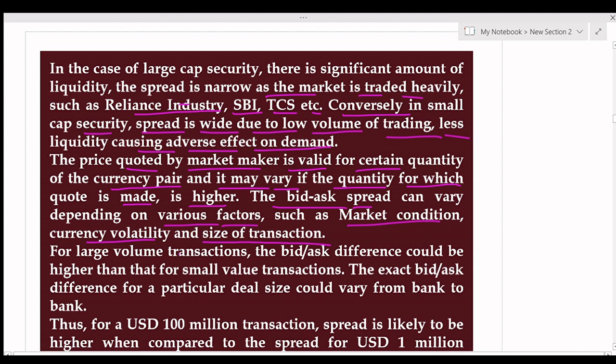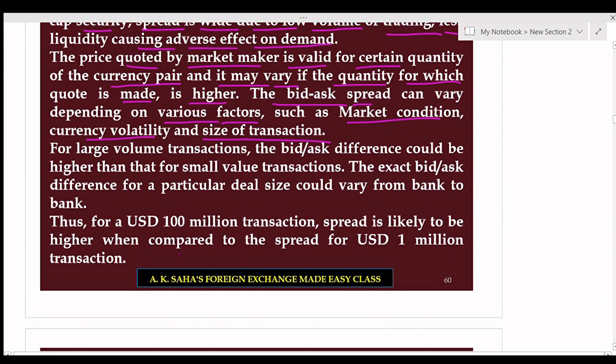For large value transactions, the bid-ask difference could be higher than for small value transactions. The exact bid-ask difference for a particular deal size could vary from bank to bank.